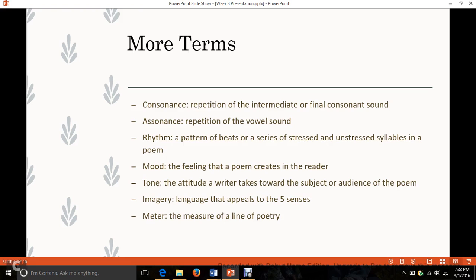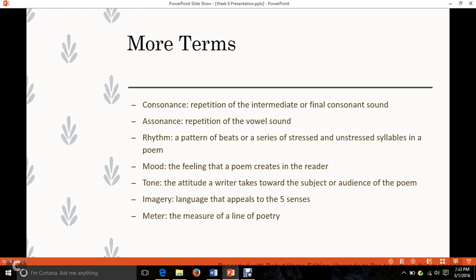So assonance is the repetition of vowel sounds. Rhythm, like I mentioned, is a pattern of beats or a series of stressed and unstressed syllables in a poem. And it does create a rhythm, just like a song. And we're going to talk about that in the next slide, some different examples of rhythm patterns in poems.